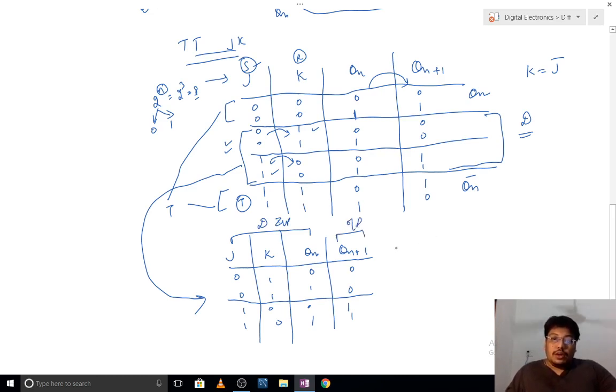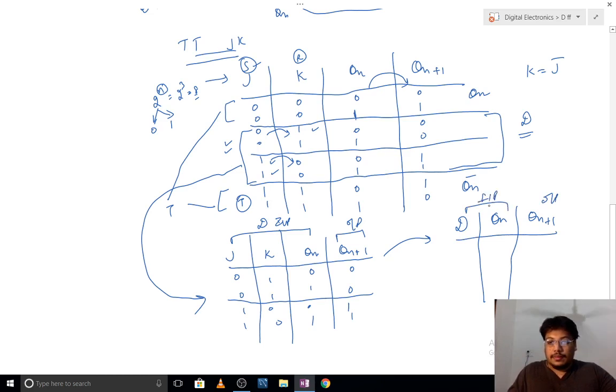And making it more convincingly into D flip-flop, let D be an input, qn my input, and qn plus 1 my output. So there will be 4 combinations. When D is 0, it means J is 0 and K is 1. And Qn is 0, it means 0.